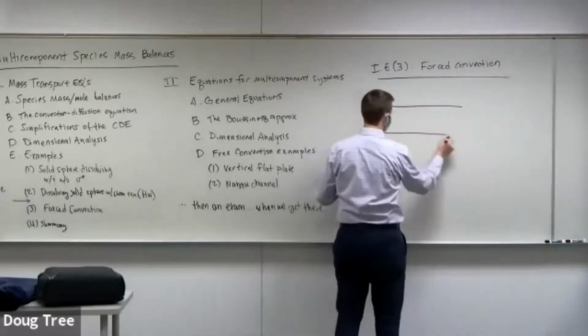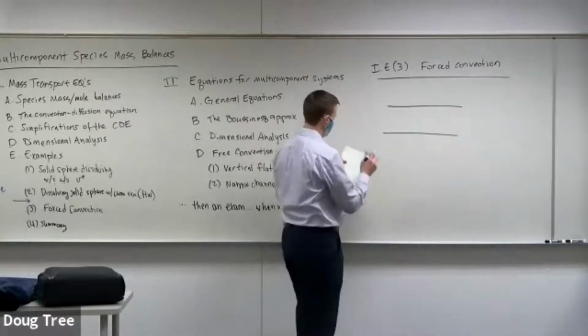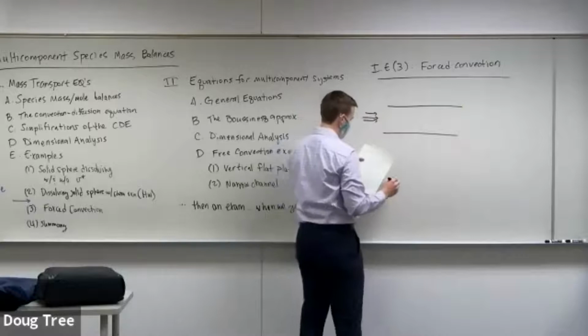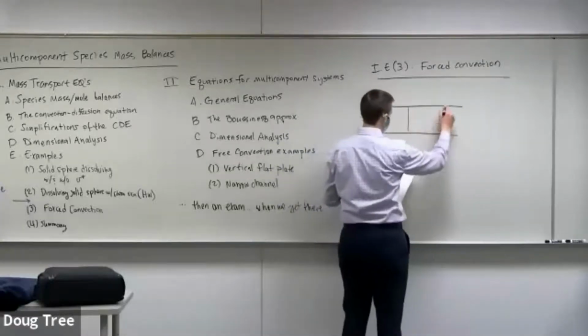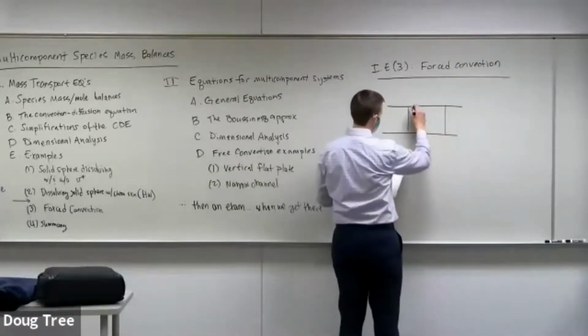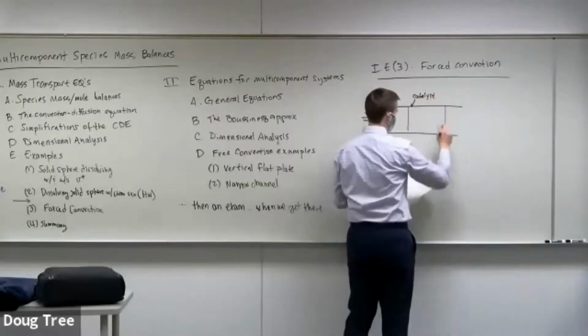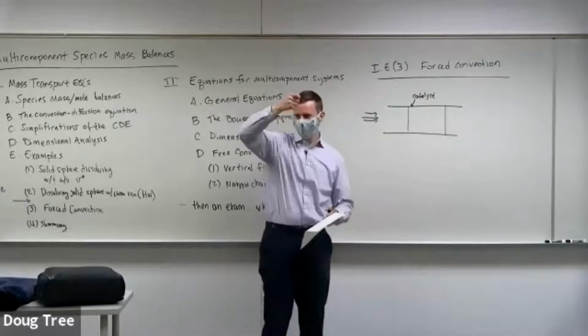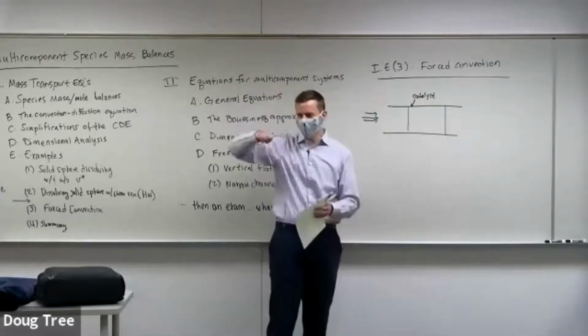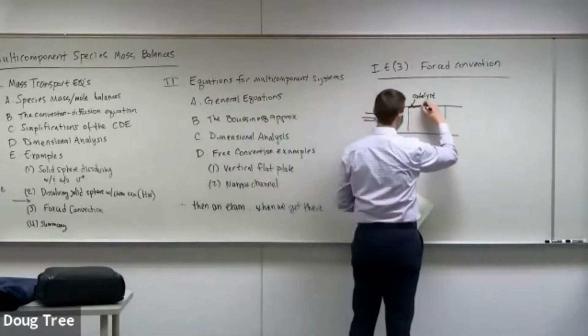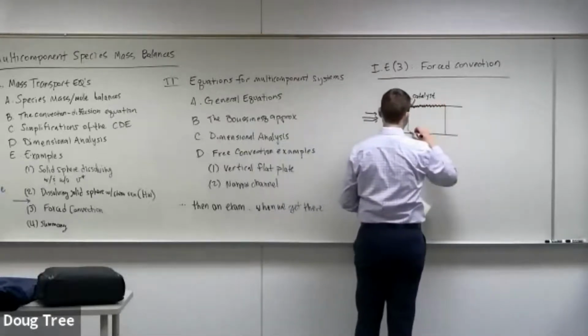So let's assume we have a tube here, okay? There's fluid flow coming in, and we've got some catalyst that's just on the surface. So you painted a catalyst around the inside of that pipe, all the way around.